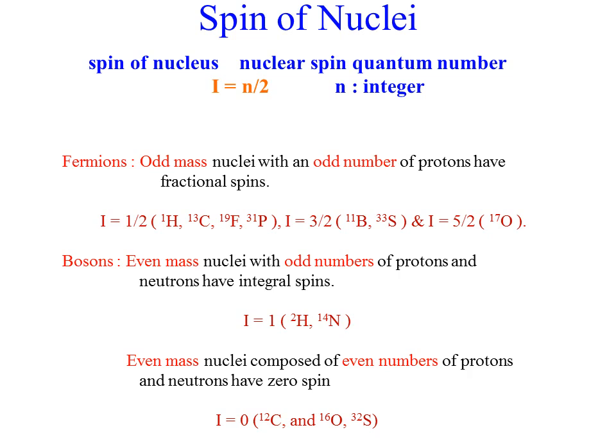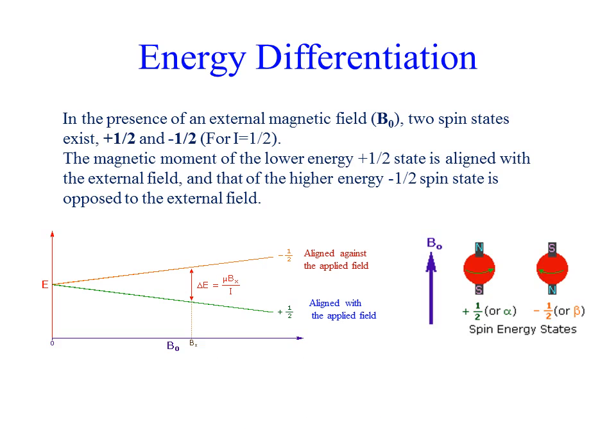Another type of boson is when the atom has an even mass and an even number of protons, so the nuclear spin quantum number for such atoms equals 0 and they cannot be used in NMR, such as carbon 12, oxygen 16, or sulfur 32, and so on.